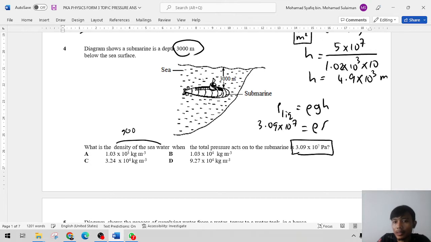So we want to find density. g is 10 and depth is 3000. This will give us the answer is 1.03 times 10 to the power of 3. Alright, sorry, 900 is oil. Density of seawater is greater than water. Water is 1000. So 1.03 times 10 to the power of 3 is greater than 1000.